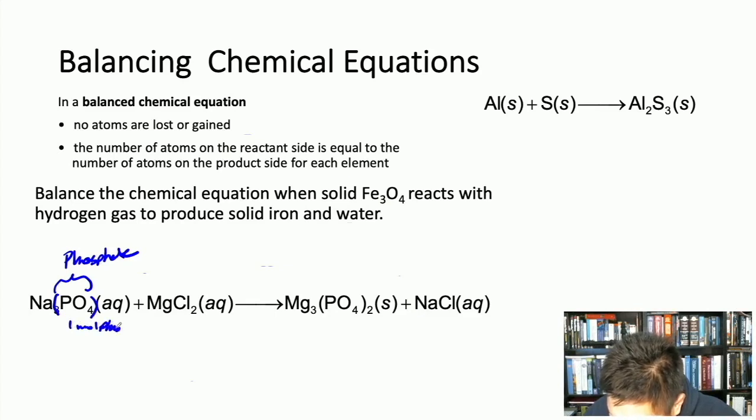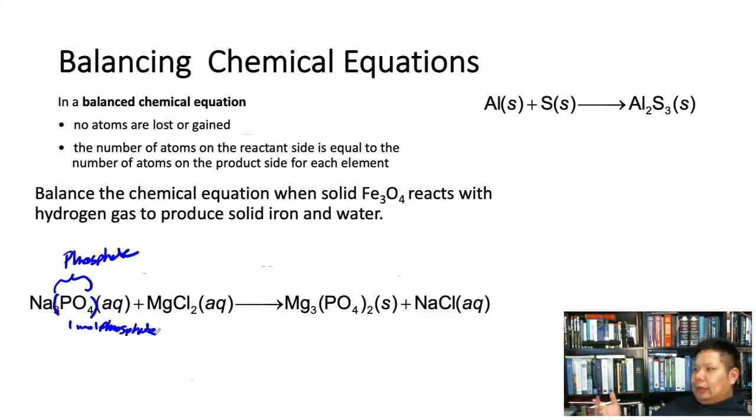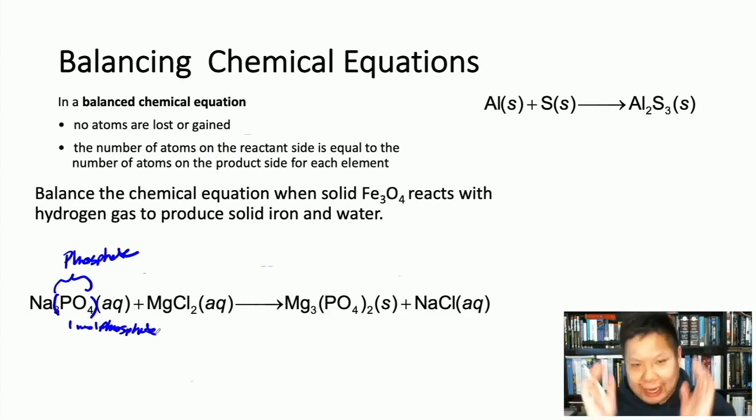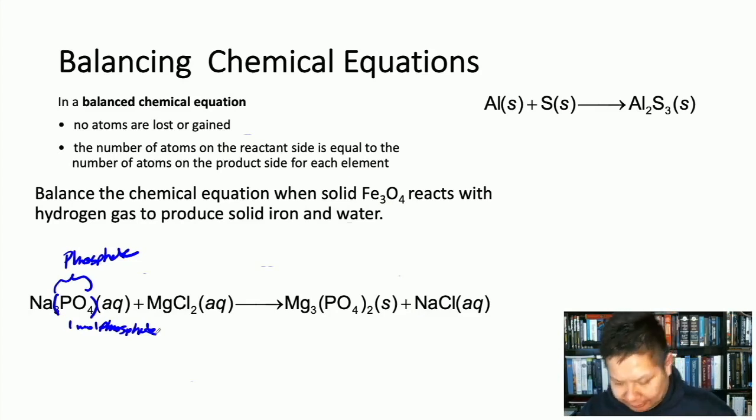Now this is why you have to remember the polyatomics, because the polyatomics are balanced in such a way where the entire polyatomic is being balanced, not the individual atoms separately, right? A lot of people try to balance out the phosphorus separately and the oxygen separately. That's when you go wrong. So 1 mole of phosphate right there.